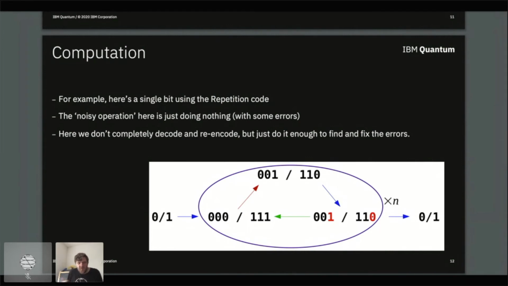We're not going to try and do an operation here. We're just going to consider the idea that the environment comes in and causes a bit to flip. And let's say that it's the last bit that flips, just as an example. So our 0, 0, 0 in that case would become 0, 0, 1 because the last bit has flipped. And if we had an encoded 1, our 1, 1, 1 would become 1, 1, 0.